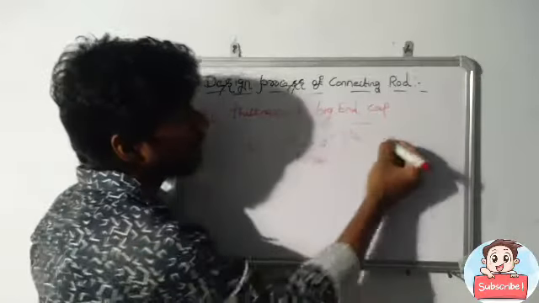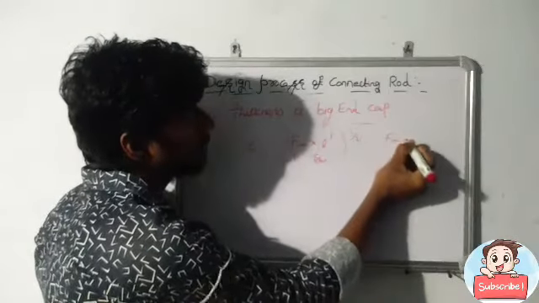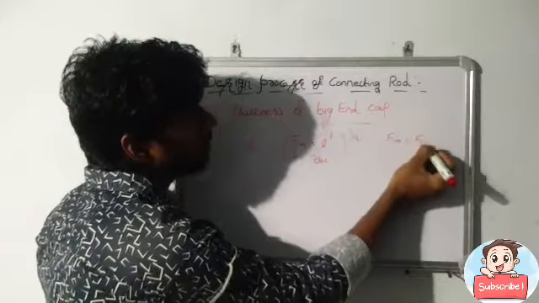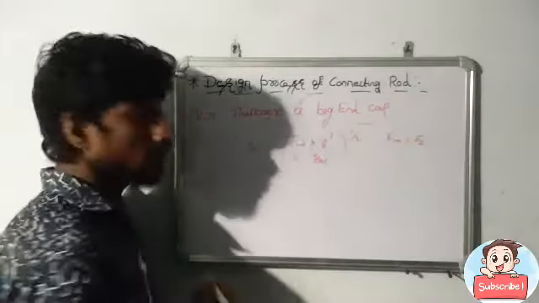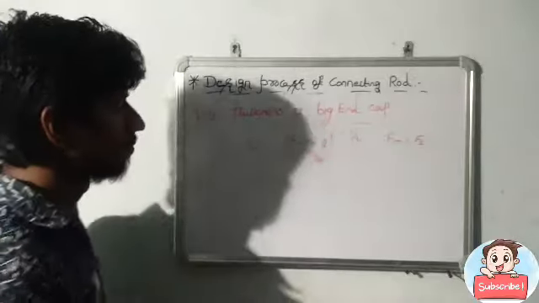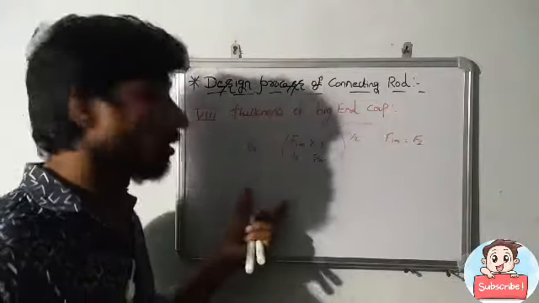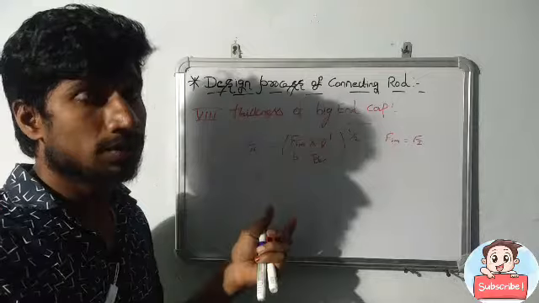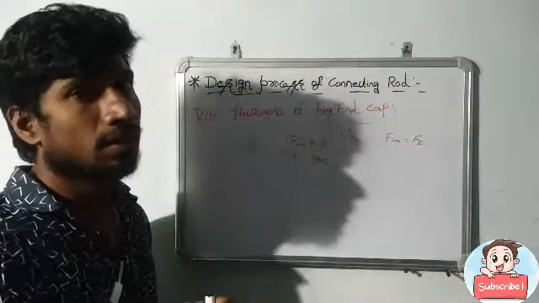Here we already know FIM, that is equal to Fi, and what is L dash? L dash is the distance between the bolt centers of the big end side.